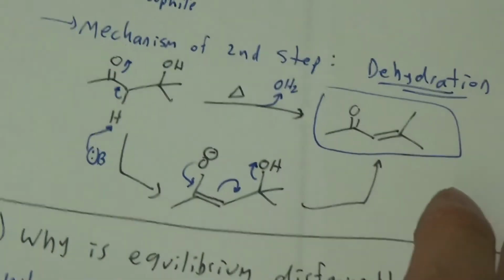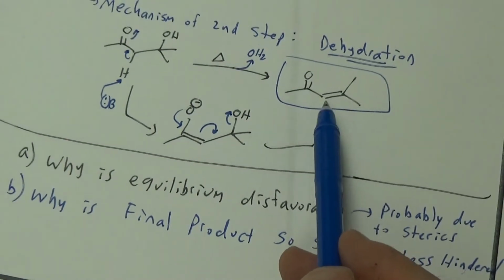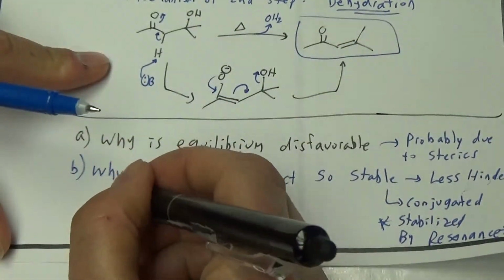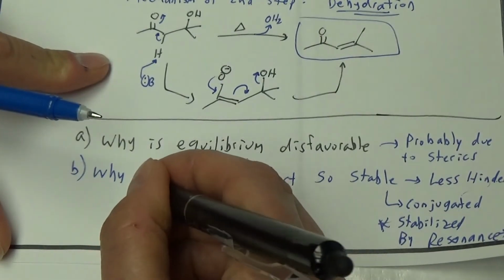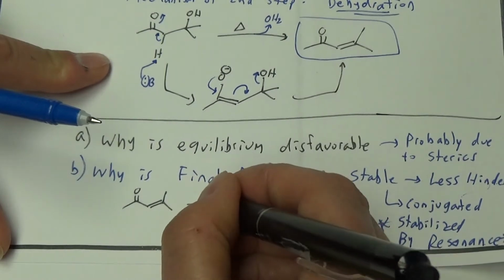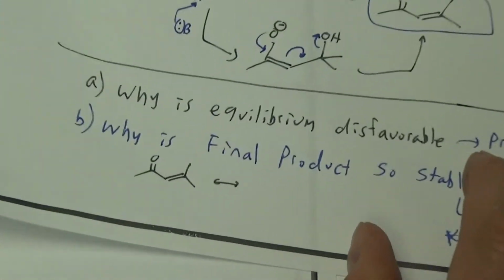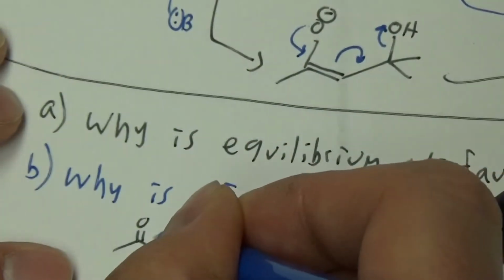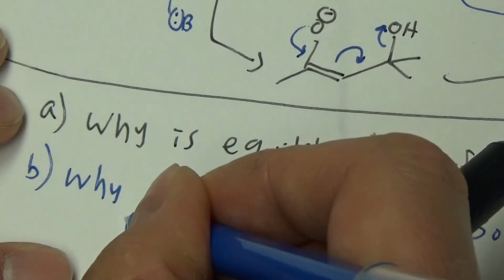Let's draw it real quick. Okay, let's draw the resonance stabilization of the product. And when we can draw resonance, that indicates stability, right? So that has resonance stabilization, so I can push the alkene towards the ketone into our resonance structure.